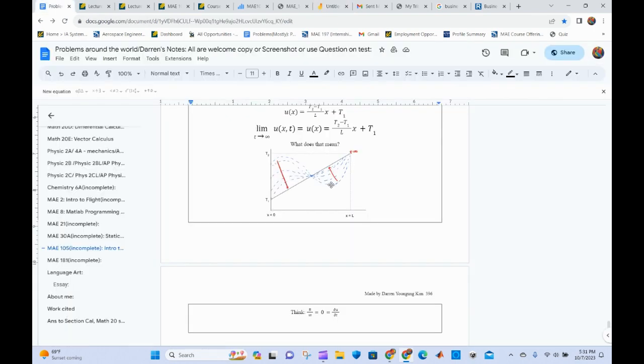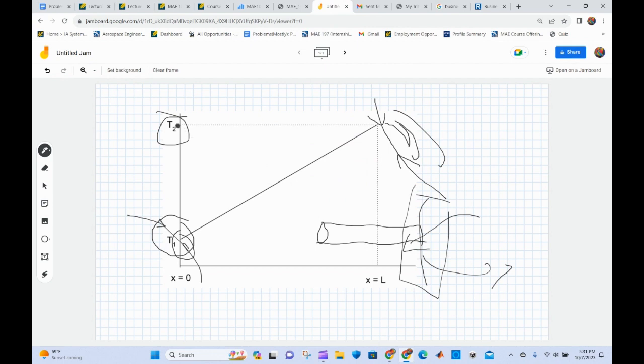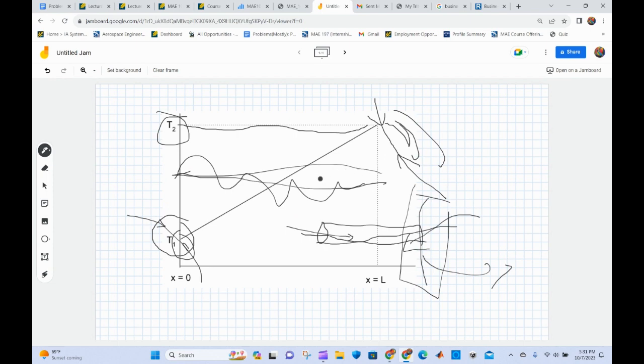So what's happening here is that we're trying to make a constant temperature. Well, in that case, there's another case that can happen where it's a straight line, the constant line, where everything becomes the same thing. And that's when there's no interference from the outside world. So this basically becomes a linear line.